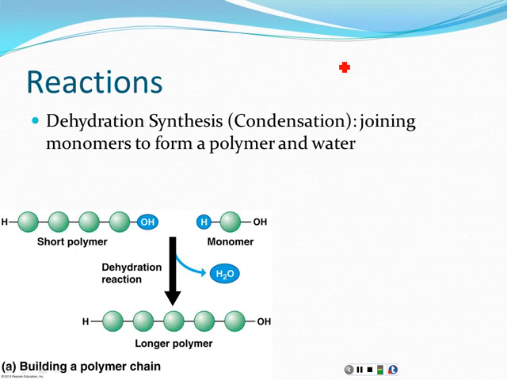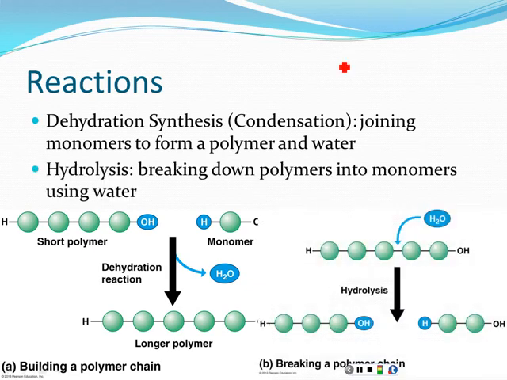A water molecule is taken out from this reaction here. So two shorter polymers making a bigger polymer is going to undergo the dehydration reaction. So when we're talking about a monomer and a monomer forming a dimer, it's going to undergo the dehydration reaction.